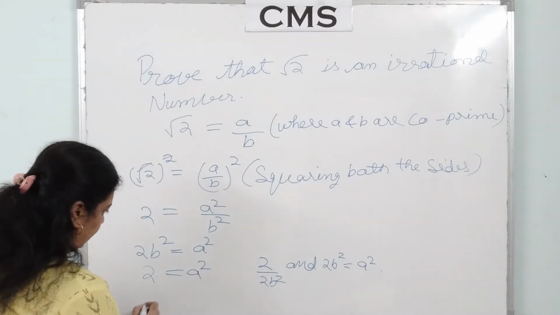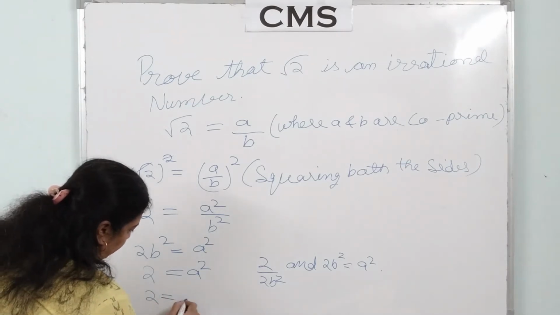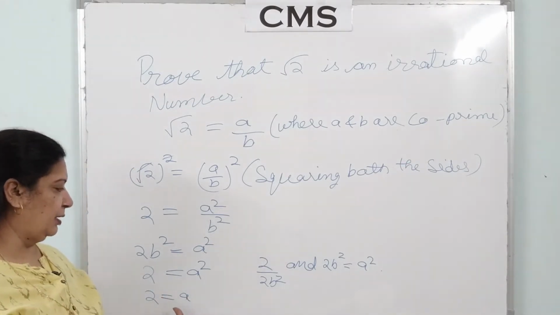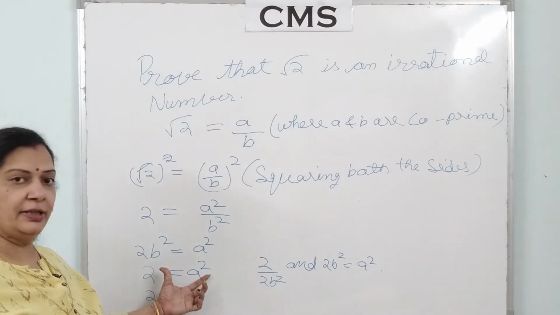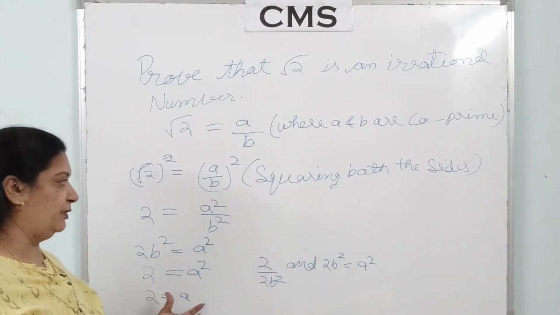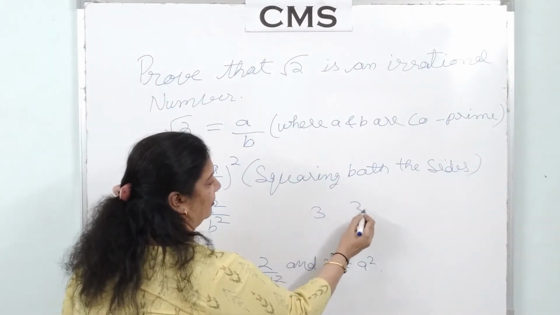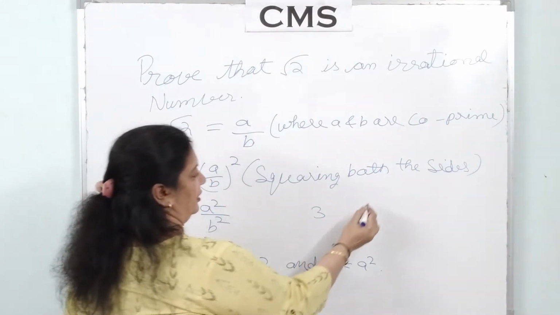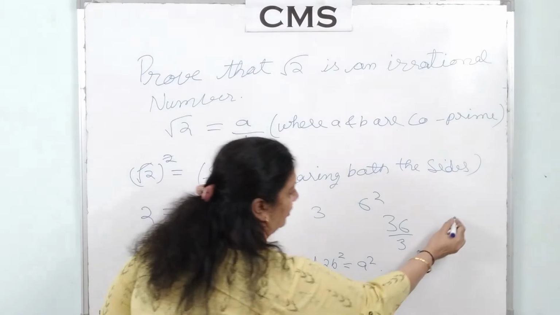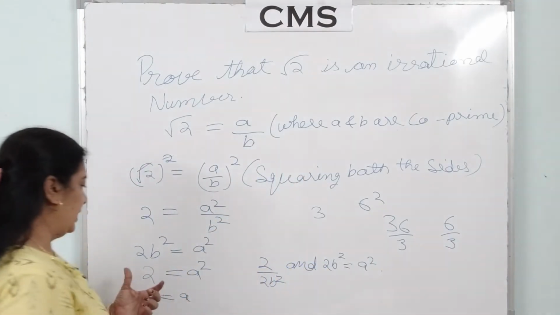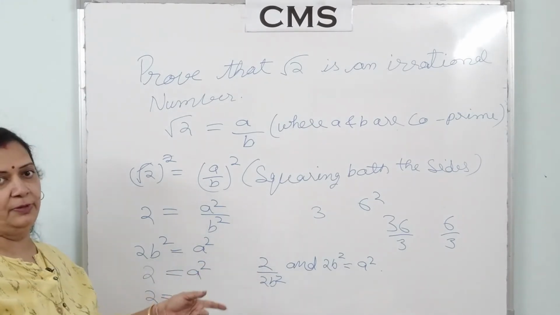This can be written as 2 divides a, because of our theorem 1.2. उसमें क्या कहा गया है कि यदि कोई नंबर a स्क्वायर से डिविजिबल है तो वो a से भी डिविजिबल होगा. इसका मैं आपको एग्जांपल लेके बताती हूँ. यदि ये 3 है और हमने 6 का स्क्वायर लिया तो 6 का स्क्वायर हुआ 36, 36 से 3 डिविजिबल होगा और 6 से भी 3 डिविजिबल होगा. मतलब कि यदि स्क्वायर किसी नंबर से डिविजिबल हो रहा है तो उसका जो ओरिजिनल नंबर है वो भी डिविजिबल होगा.